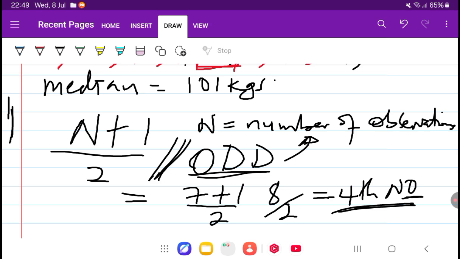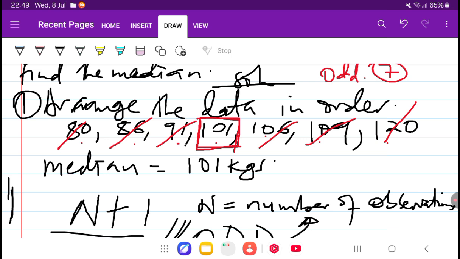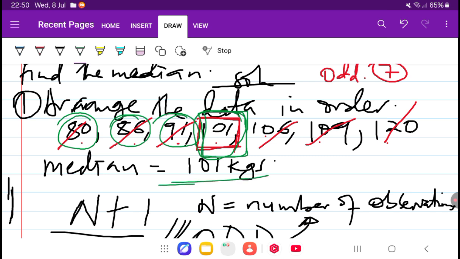So if you look at the data set that we have and you count, this is 1, 2, 3, 4. The fourth value is our median, which is 101 kgs.